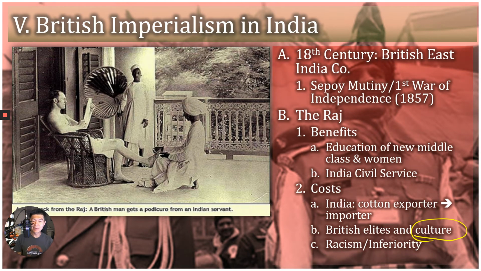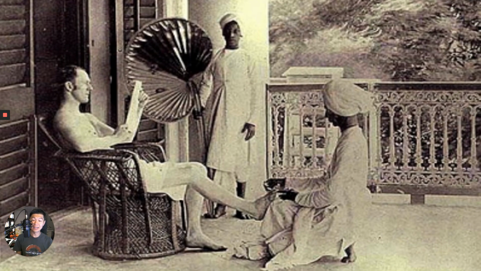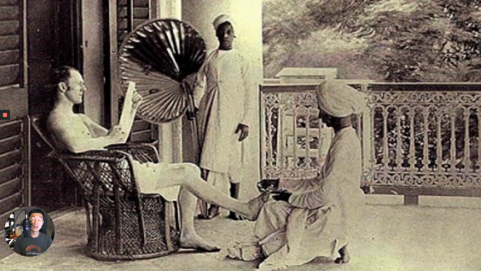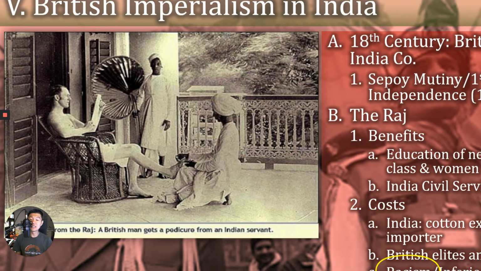And because of the notion that they are considered inferior, okay, and the racial identity does not match the British, they're always going to see themselves as second-class citizens in their own homelands, okay, to the British. And this picture right here is really telling of the British in India versus the Indians themselves.